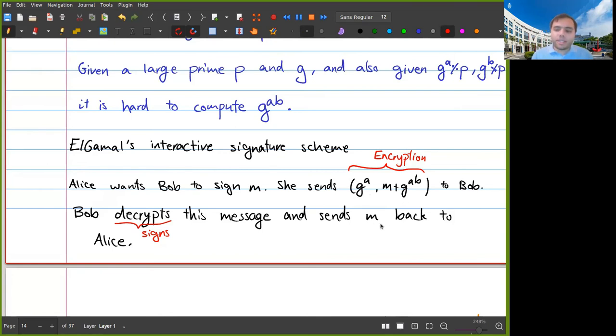And if Bob sends M back, then Alice knows that, okay, Bob did decrypt this message and he also agreed with it, so he sent it back to me. But if Bob does not send this M back, then Alice just knows that, okay, so Bob didn't agree with it. And no one else can compute M, because computing M is basically decrypting this encrypted message.